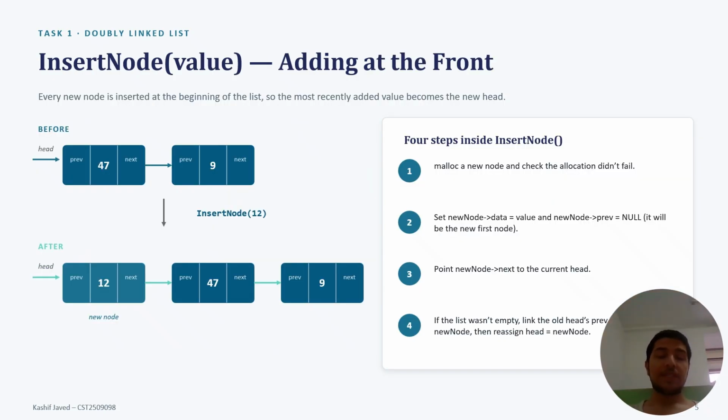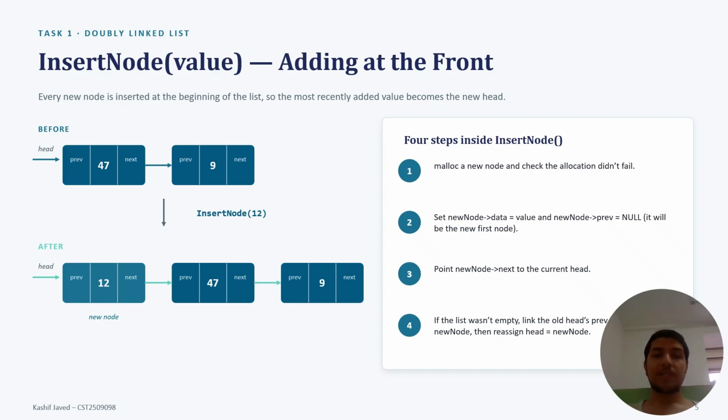So now let's look at insert node. Every new value is inserted at the beginning of the list, so the most recently added node becomes the new head. There are 4 steps. Firstly, I used malloc to create a new node and check that the allocation did not fail. Secondly, I set the new node's data to the value being inserted and set its previous pointer to null, since it's about to become the first node.